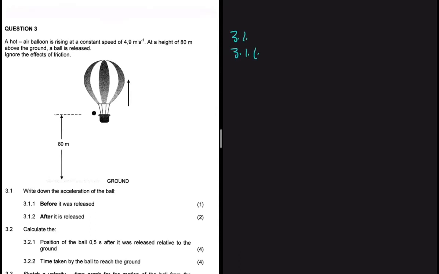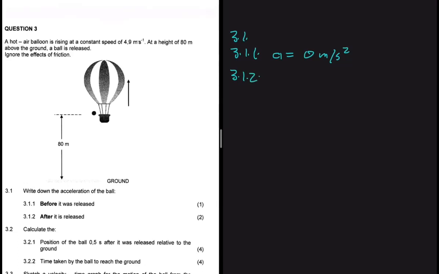So before the ball was released, it's inside the balloon, which is moving at a constant speed. Keyword constant, right? So if it's moving at a constant speed, then we have an acceleration of 0 meters per second squared, right? And then for 3.1.2, write down the acceleration of the ball after it is released.